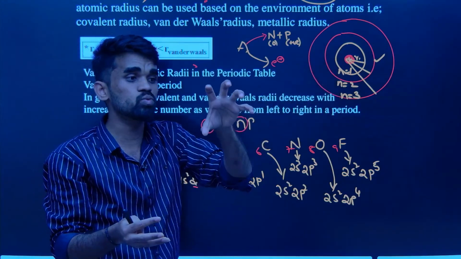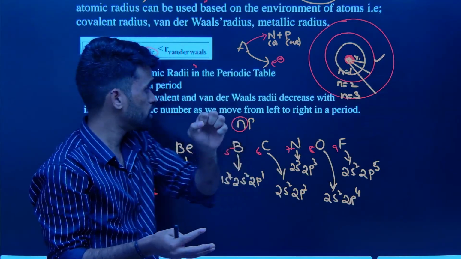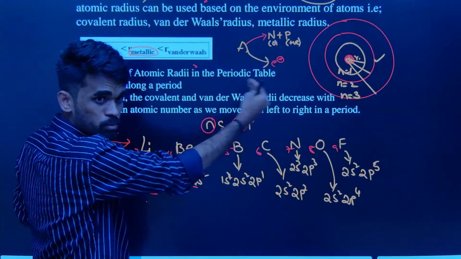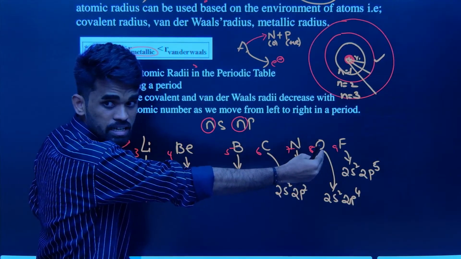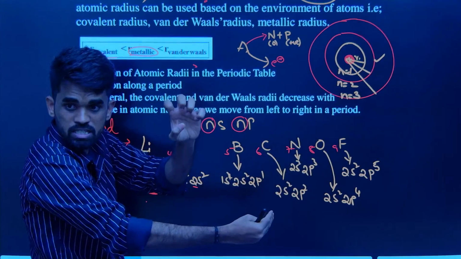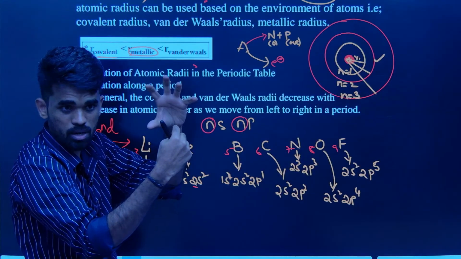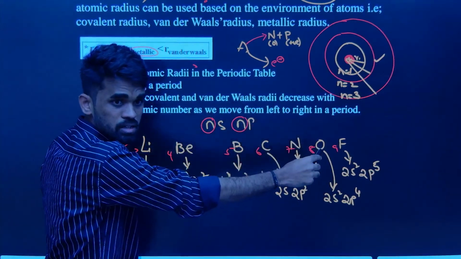So what happens to its size? Size compresses like this. So from left to right, as you move from S block to P block, what happens to the size? Decreases or increases? See, size shrinks. Why? Positive charge increasing means the size shrinks, I mean decreases. So from left to right, or from S to P, size decreases.